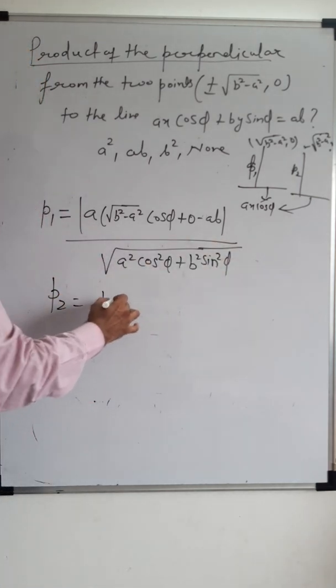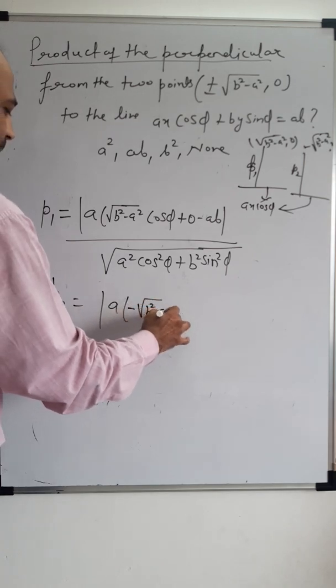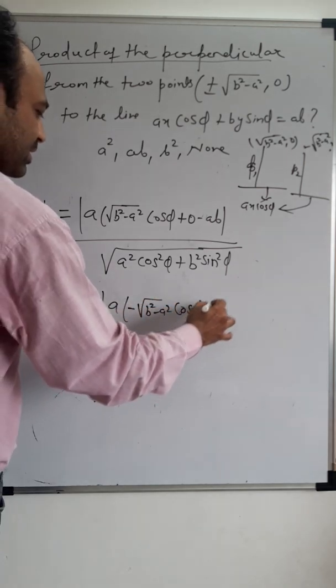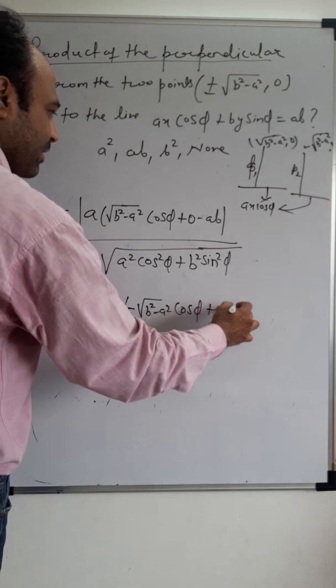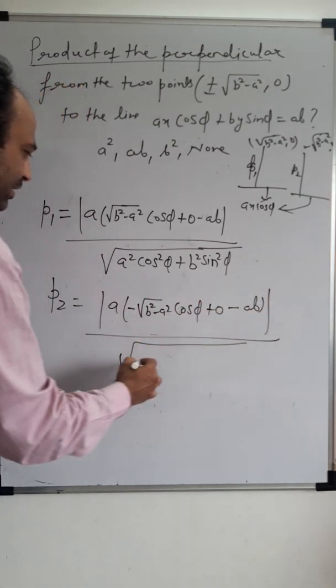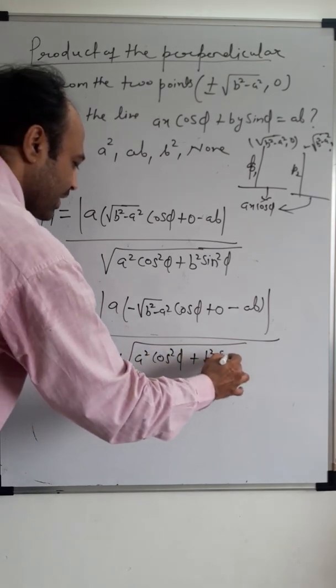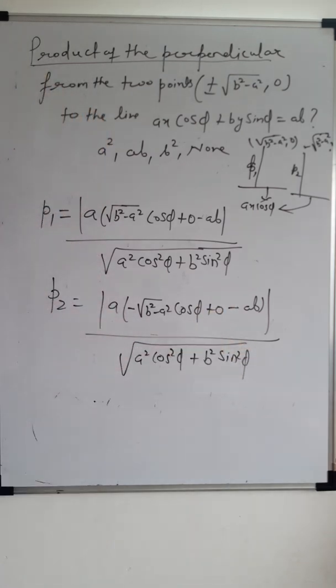Similarly we will have P2: a times minus root of b squared minus a squared cos phi, plus 0, minus ab, upon root of a squared cos squared phi plus b squared sin squared phi. So this came P1 and P2. Now we have to simplify inside to get the final solution.